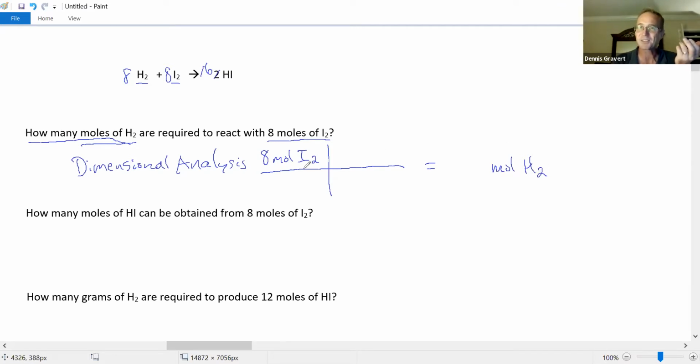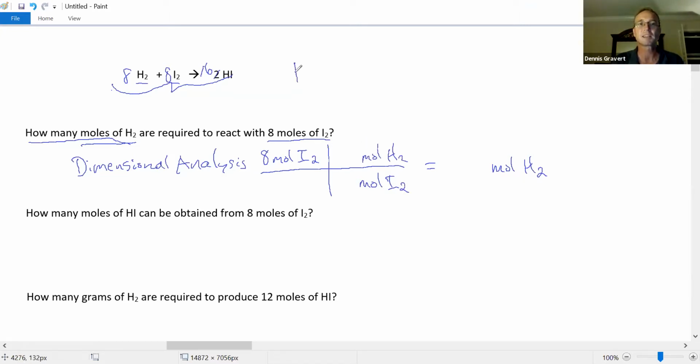So you kind of have to convert the I2 to H2, you have to convert the molecules, and you use a recipe to do it. We need to cancel out the moles of I2 and change them into moles of H2.